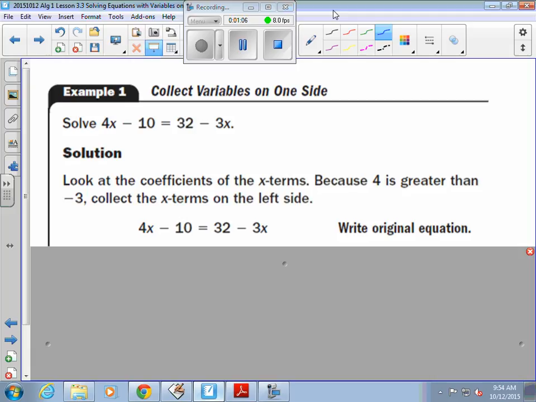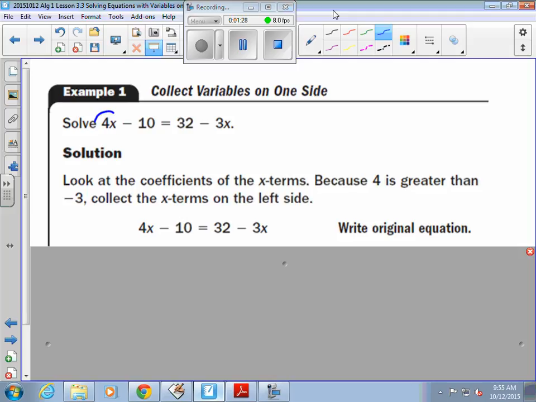Example number 1 is collecting variables on one side. So you have an equation, and again, we talked about this very briefly last week. 4x minus 10 is equal to 32 minus 3x. On the left side and the right side, you have a variable x. You want to move the smaller x value.